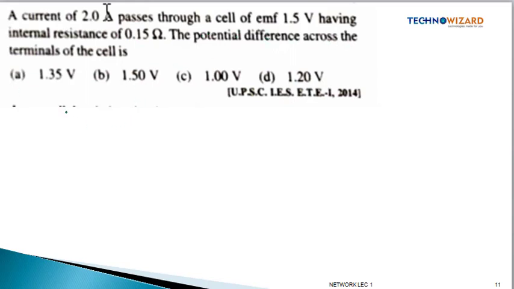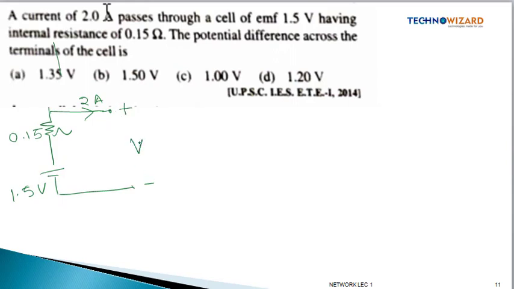So there is an internal resistance whose value is 0.15 ohm and an EMF of 1.5 volt. Current of 2 ampere is flowing. So we need to find the potential difference across the terminal. This terminal will be positive, this will be negative. We have to find V.